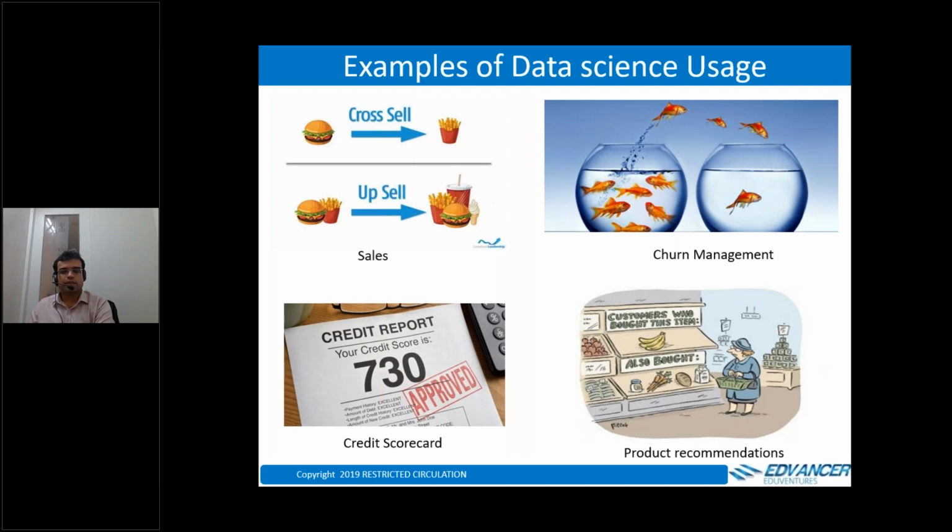So by analyzing all that data, you come up with a probability, let's say that about 75,000 of those customers have a probability of more than 70% of purchasing this new product from you. So you go ahead and market only to those 75,000 people.